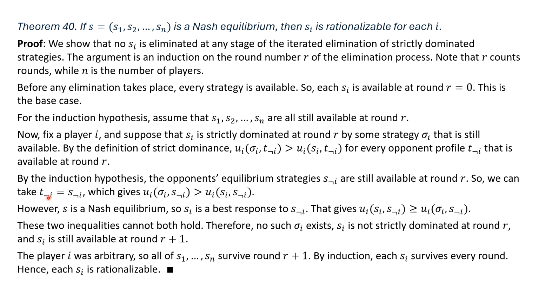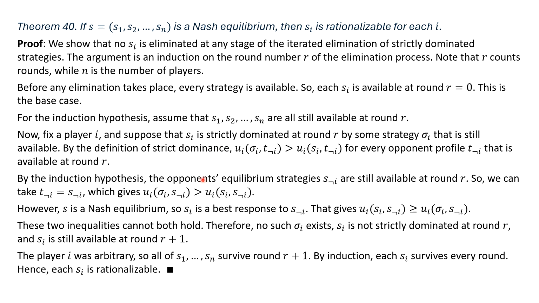So we can take t_-i equal to s_-i, in other words, all these strategies other than s_i, which gives the payout of σ_i, s_-i greater than the payout of s_i, s_-i. However, s is a Nash equilibrium, right?